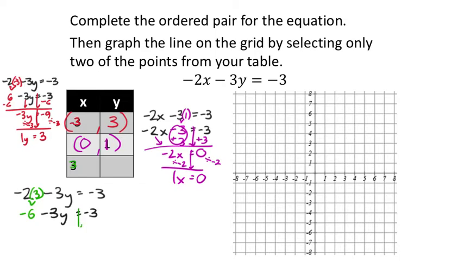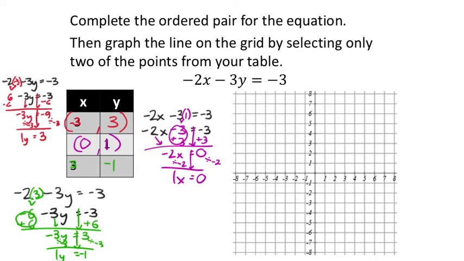Principle of equality, hopefully I don't run out of space, but add 6 to both sides. Now again, that's to drop the negative 3y all by itself and to zero out the negative 6. Negative 3 plus 6 is 3, and then divide both sides by negative 3, and we see y is negative 1. So now I know the y value is negative 1 if the x value is 3. They only gave us 3 points to do. I guess if they wanted to be jerks, they could do more, but they might on the assignment. But now we've got to put these points on the graph, which we've done already.